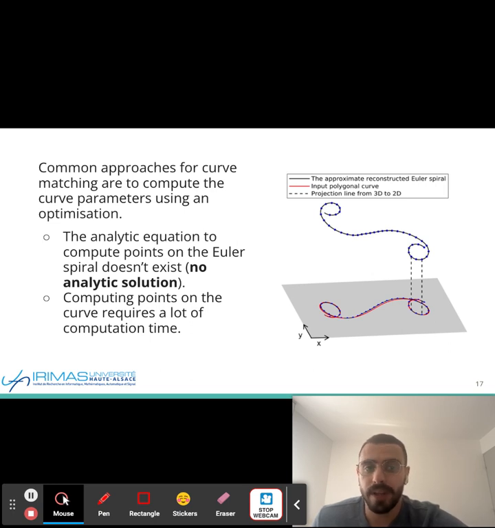But in our case, these approaches don't work because, firstly, the analytic equation to compute the point on the Euler spiral doesn't exist, so there is no analytic solution, and also computing a point on the curve requires a lot of computation time.